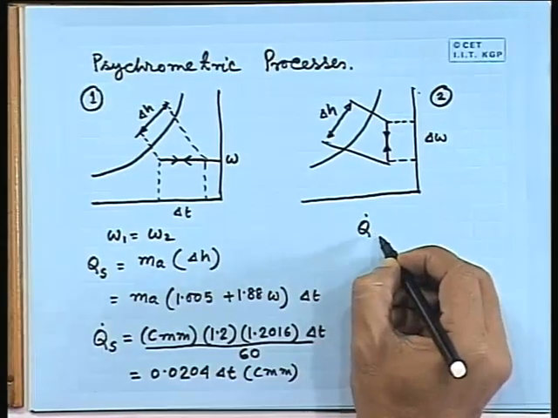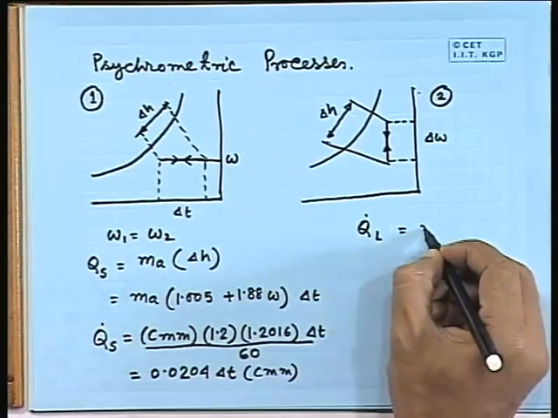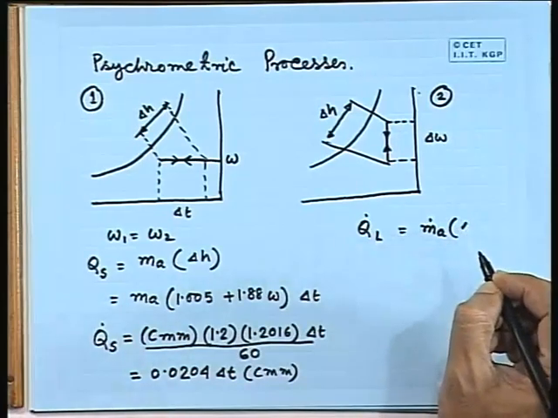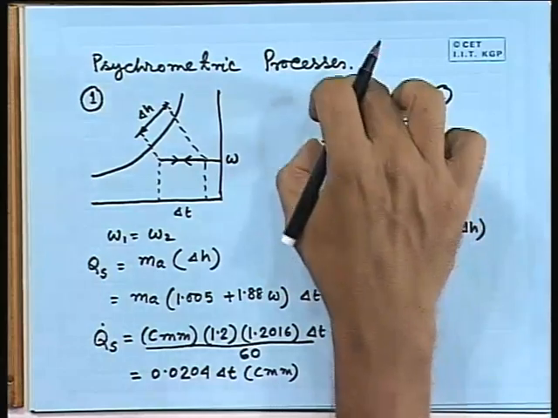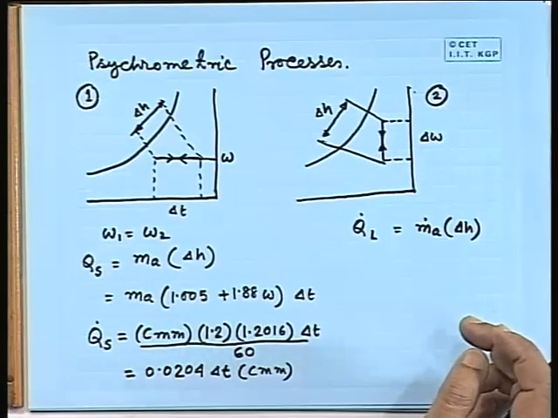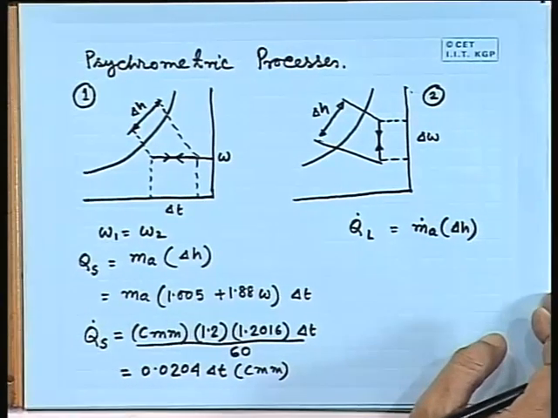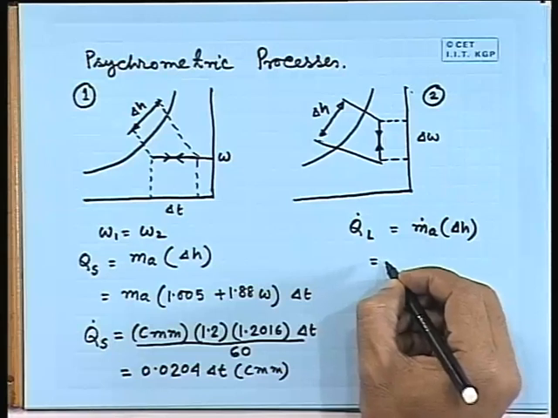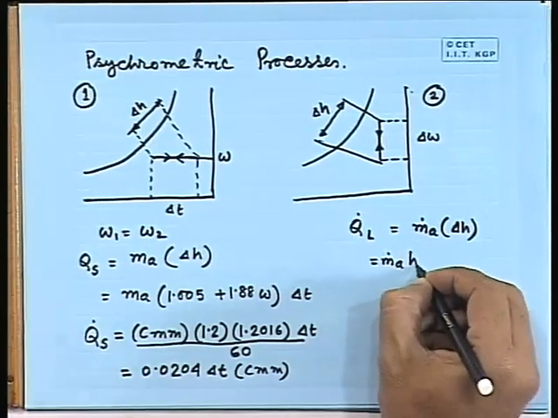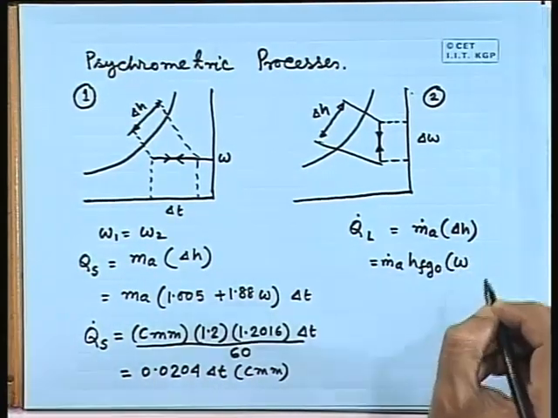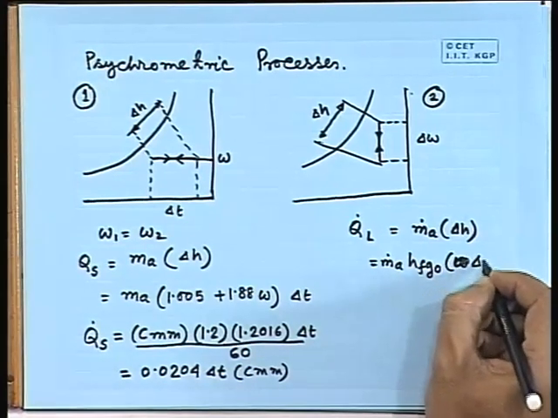Here also we can write Q latent is equal to m dot A into delta H. So, obviously from enthalpy we can get that, but one can again do some sort of a calculation and write that this is nothing but m dot A h_fg0 into delta W.